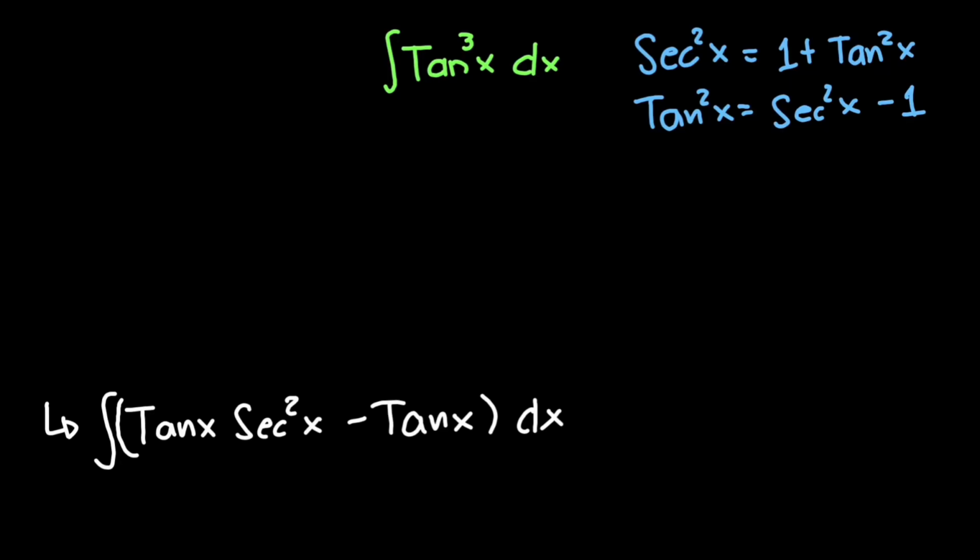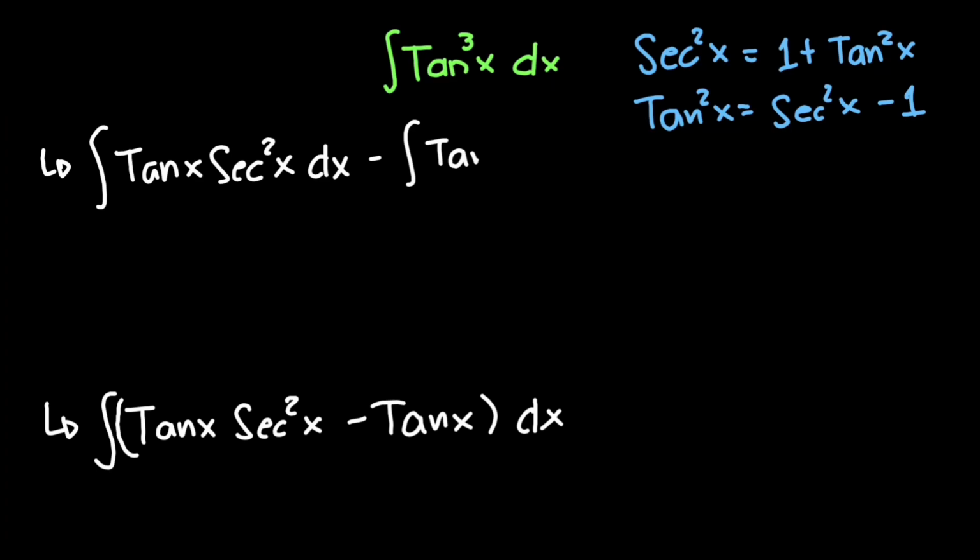The next step would be to split the integral apart first. So, this would be the integral of tangent x secant squared of x dx minus the integral of tangent x dx.